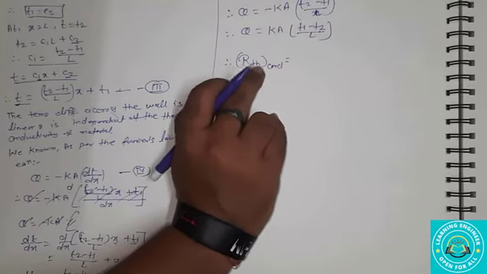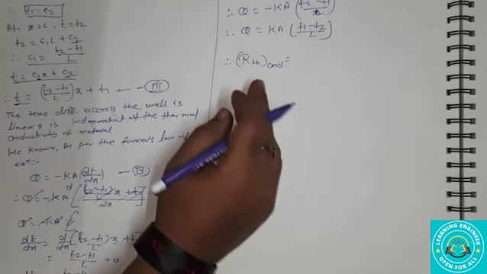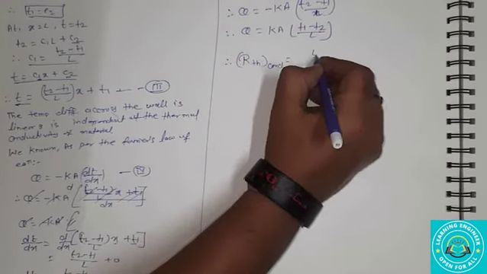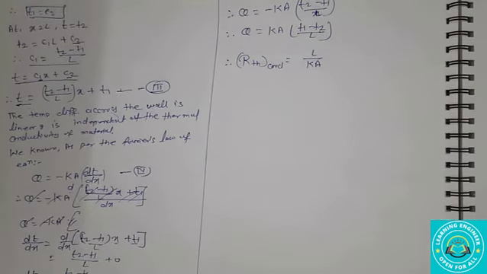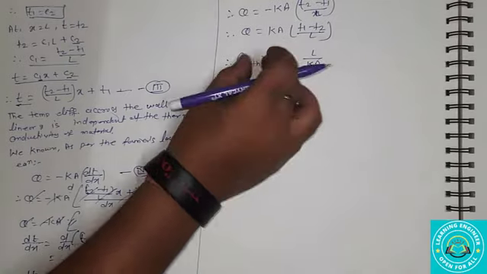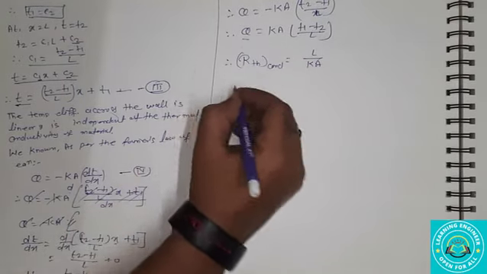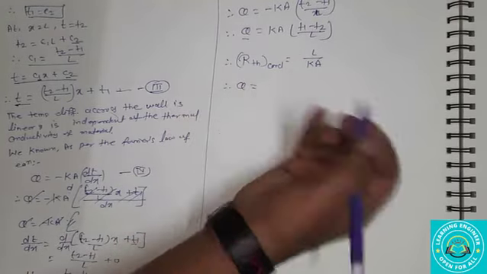We know thermal resistance of a body during a conduction is equals to L upon Ka. If I am writing this equation in terms of Q, then Q becomes what?